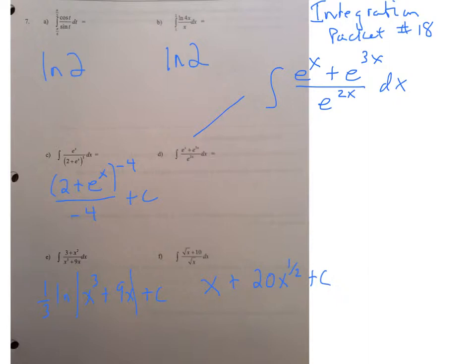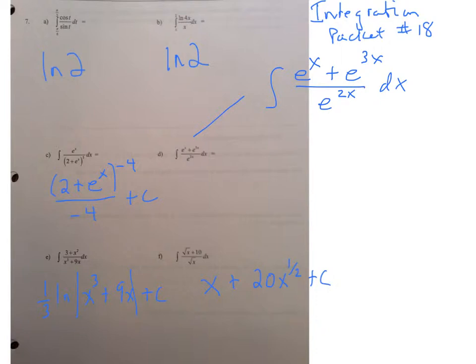Now, if you try different possibilities for u, and you could conceivably do that, you're going to find that you're not going to be able to find a perfect answer for what u would be and then to be able to substitute what du would be.